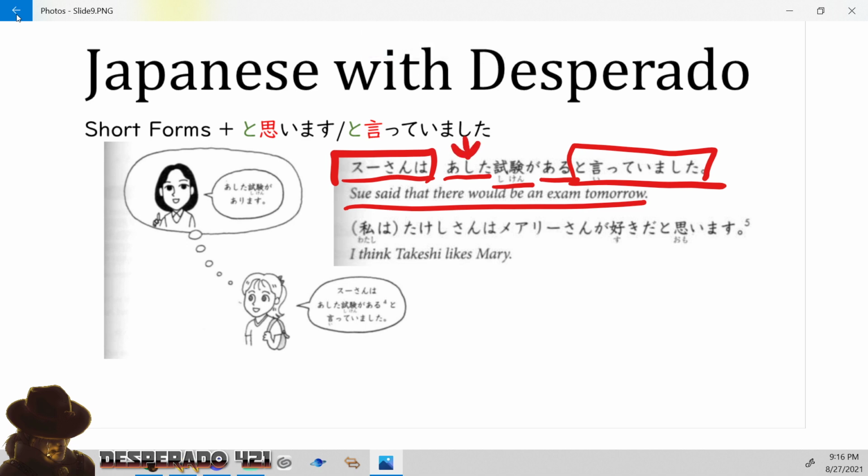So, do you remember what ashita means? Or yesterday. No. Yeah, it must be tomorrow. Yep, that one's for tomorrow. And then shiken, test. That is test.